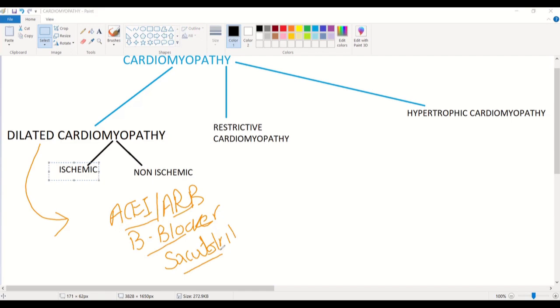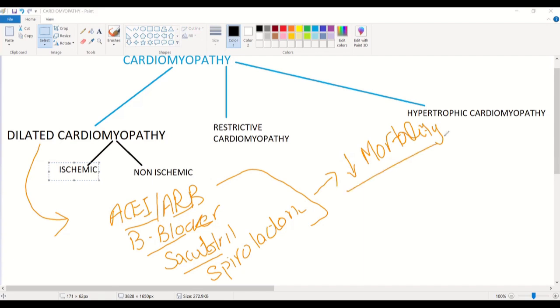Can we give spironolactone? Yes, spironolactone. All of these drugs decrease the mortality. So it is the same treatment as we already discussed in heart failure.